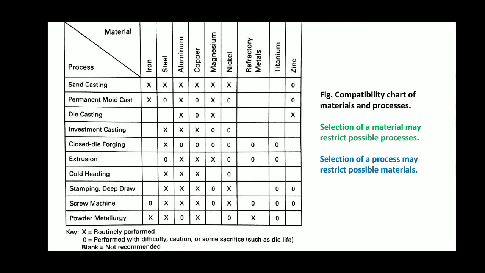That means if we have to go for a particular process, we may not be able to process all materials by it. Similarly, if we are building a part with a particular material, all processes may not be suitable. So this chart gives you an indication whether you can make a particular product by a particular process or not.